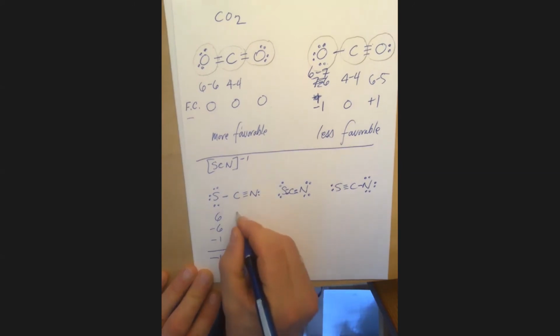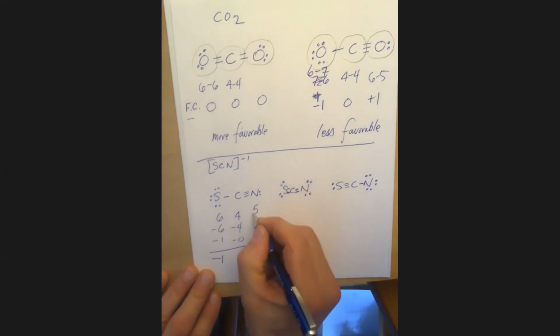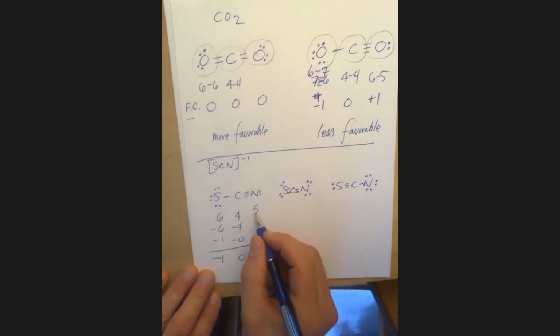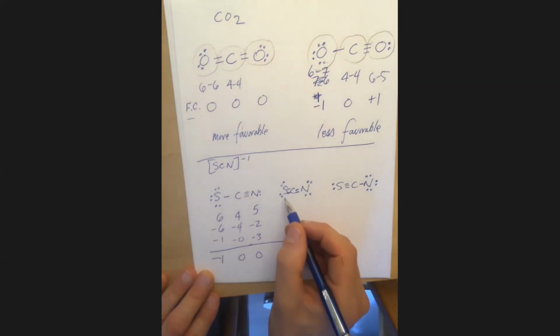We've got 4 minus 4, no extra electrons, means the formal charge here is 0. We've got 5 electrons for its valence, minus 2 for the lone pair, minus 3 for the bonding electrons gives us 0, right? Yep.